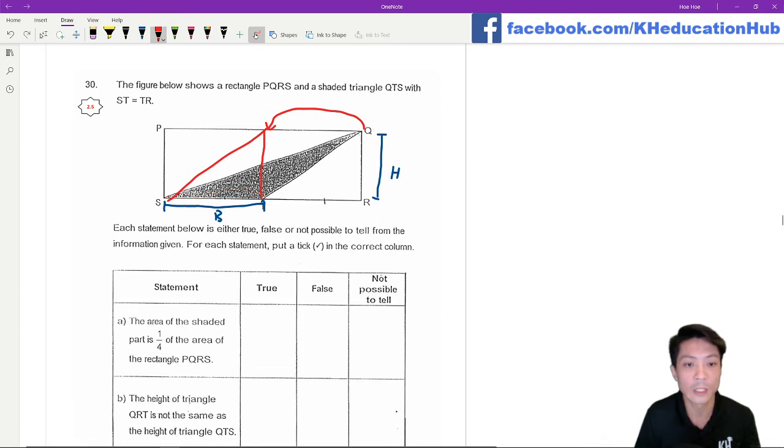Draw a straight line. So this red triangle over here will have the same base and same height as the shaded triangle, and this is basically a quarter of the whole rectangle. So this is true.